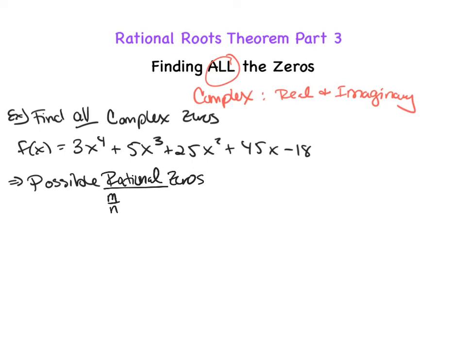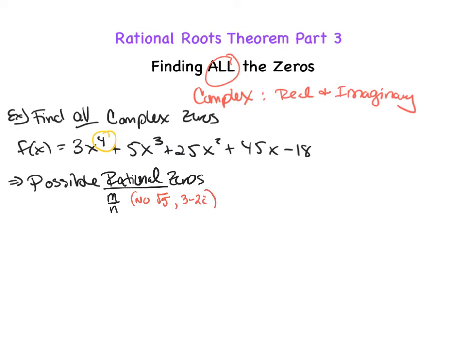But the list we're going to get does not include square roots that don't simplify, like the square root of 5, nor does it include any imaginary numbers. So our rational zeros are a good starting point, but not a complete list of all, in this case, 4 complex zeros that we're going to have. Nonetheless, let's get started here.